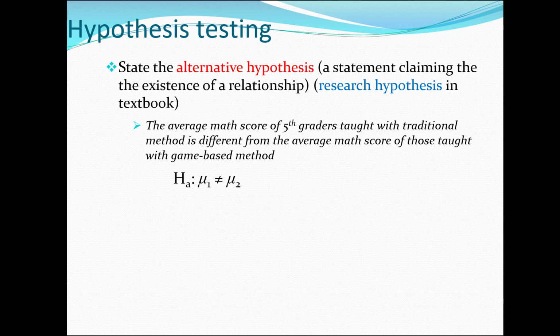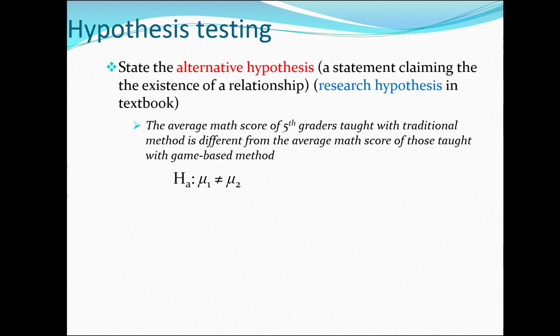Now your alternative hypothesis will say there is a difference. Or you can state it a little bit differently, say the average math scores of 5th graders taught with traditional methods is different from the average math scores of those taught with game-based method. So it's obvious that alternative hypothesis says that there is a difference.